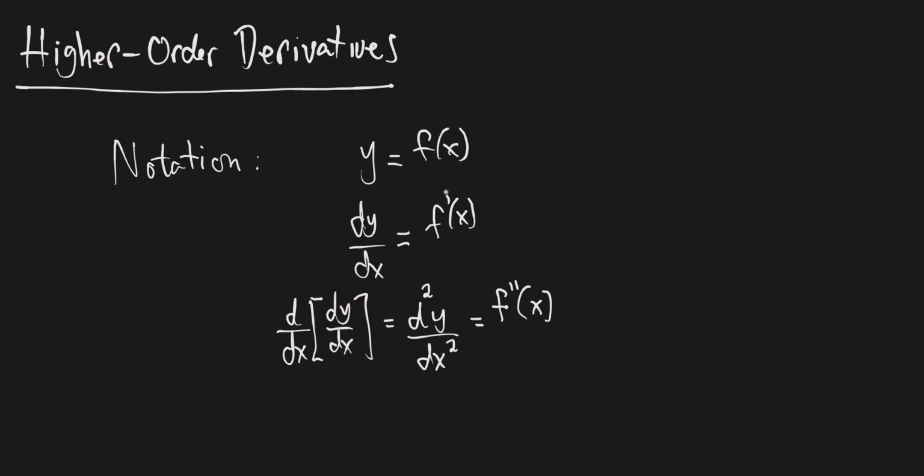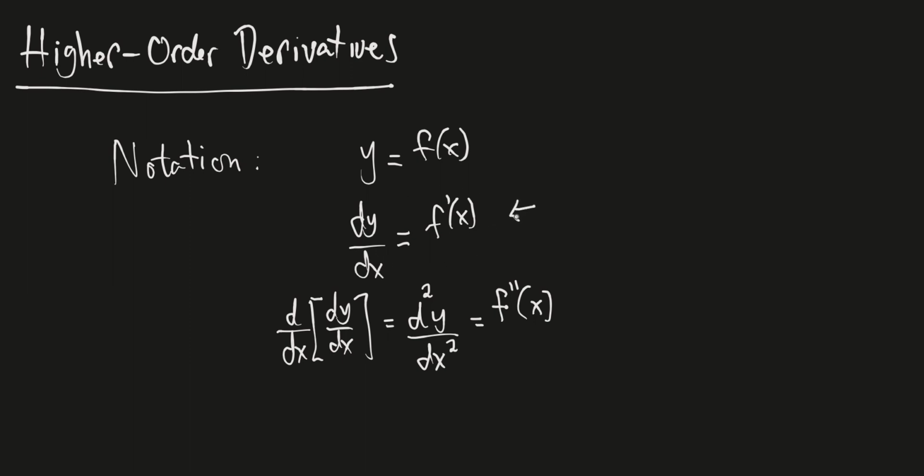Now, given a function, we've differentiated once and got this, and differentiated twice and got this. It makes sense that we can start referring to the first one as the first derivative.